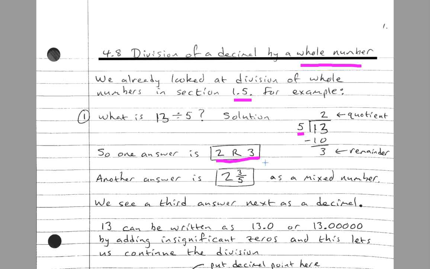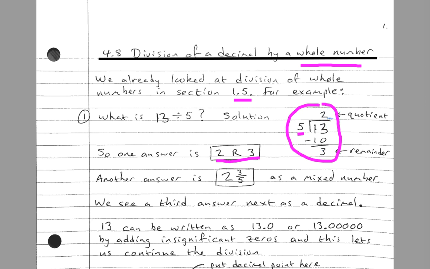So that's a good answer, but we can take it further. When we were looking at improper fractions, you can think of this as a fraction, 13 over 5. To convert that to a mixed number, again, you're using this calculation.